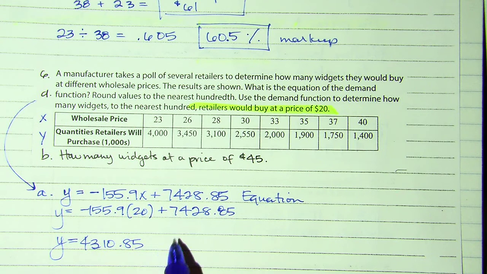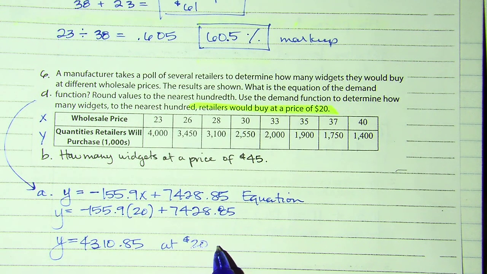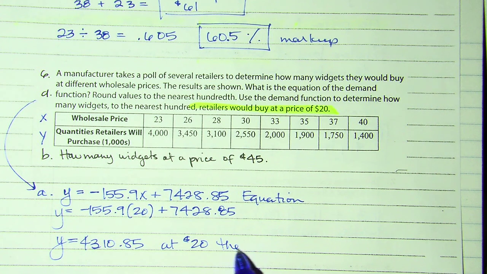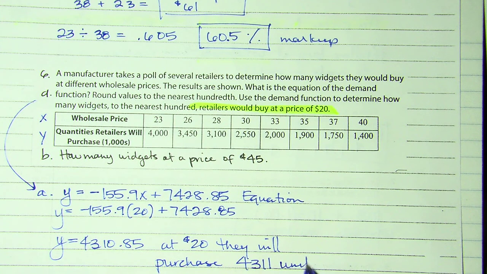So at that cheap of a price, at $20, they will purchase, let's round this to the nearest unit, 4,311 units.